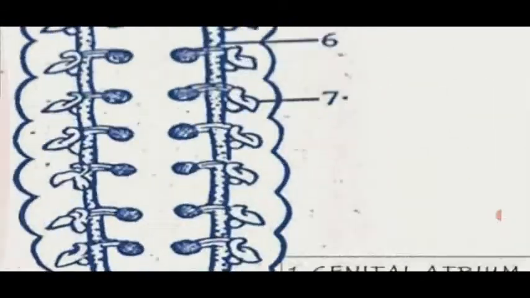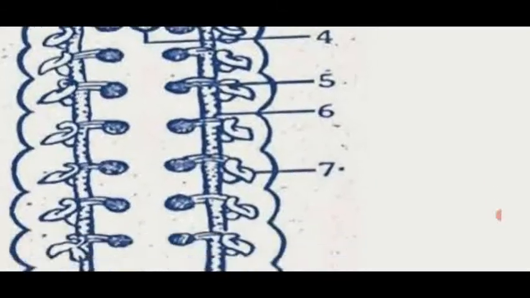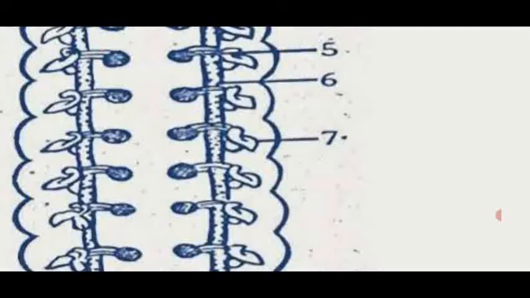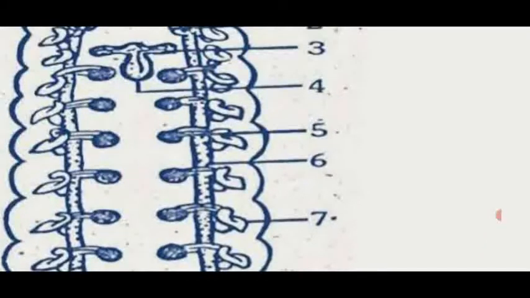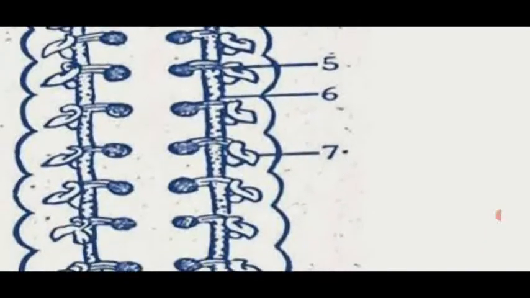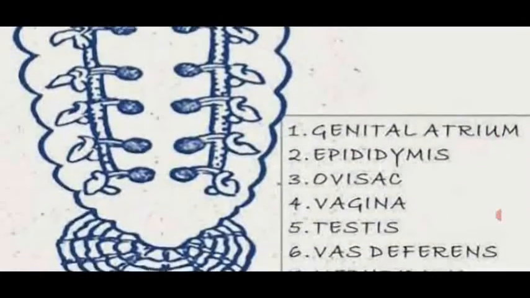The next one is the different pairs of testes which are present from the 12th segment to the 22nd segment. So the fifth one is the testes, 11 pairs of testes, which are present in the male reproductive system from the 12th segment to the 22nd segment.